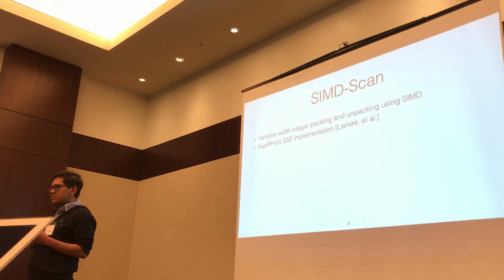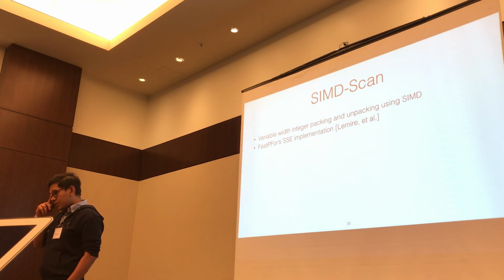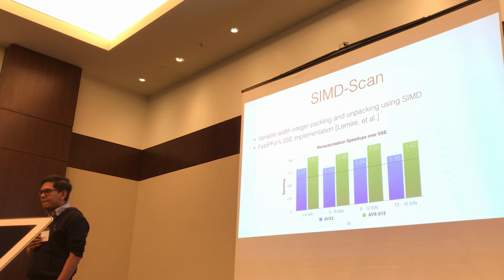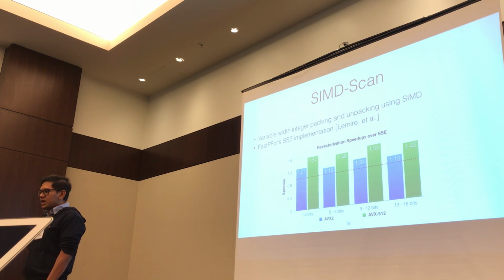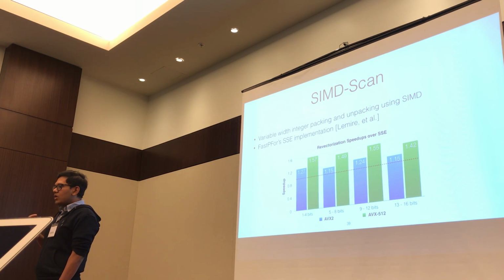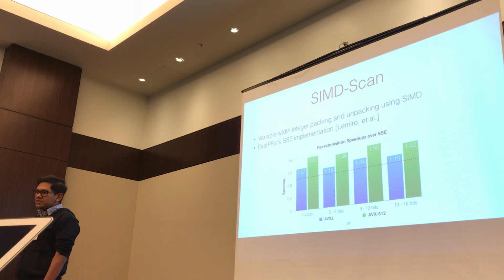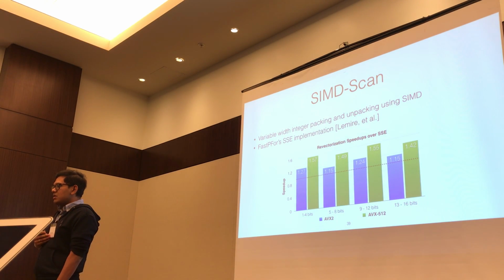And we revectorized to an AVX2 machine as well as to an AVX512 machine. And the results are like this. We get up to 1.27x speedup on the AVX2 machine and a 1.57x speedup on an AVX512 machine.